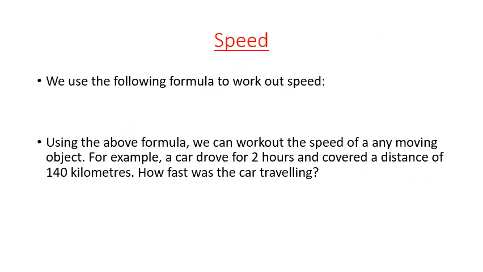Talking about speed, we can use the following formula. Speed is equal to the distance something travels over the time it takes. Using this formula, we can work out different problems involving speed. For example, if a car drove 2 hours and covered a distance of 140 kilometers, how fast was the car traveling?